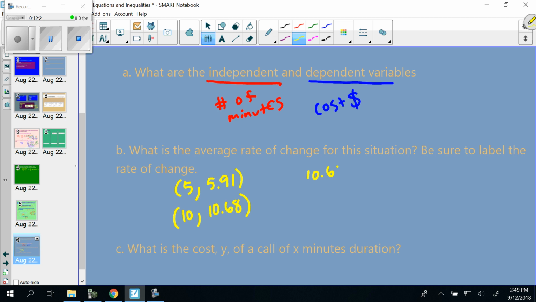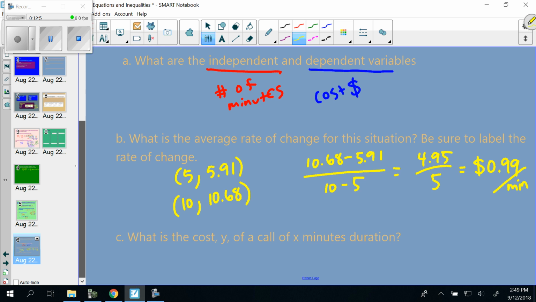So if you went through and subtracted these and subtracted the call lengths, you should have gotten this to come out to be 495 over 5, which is the same as 99 cents per minute on this one. So that's the average rate of change, 99 cents per minute.